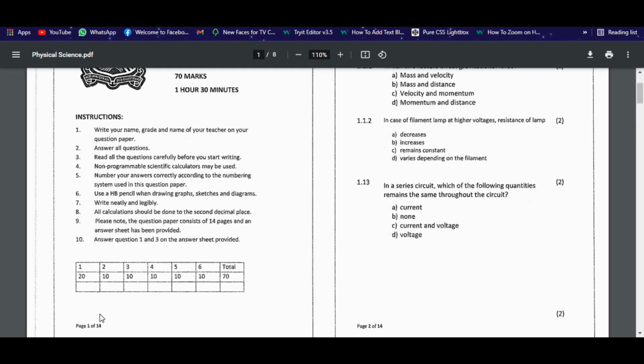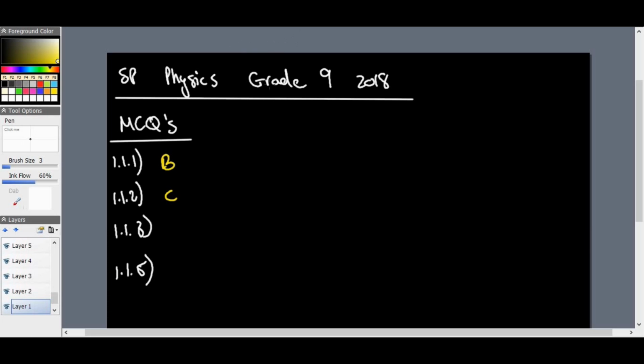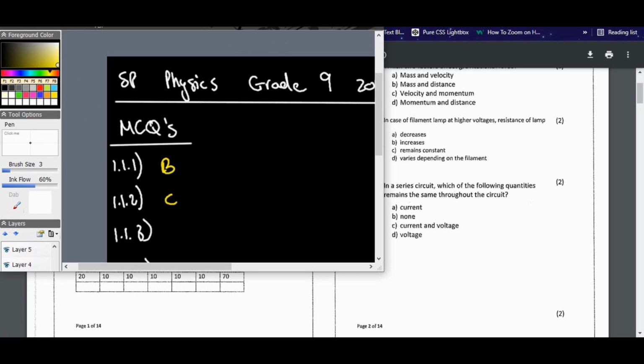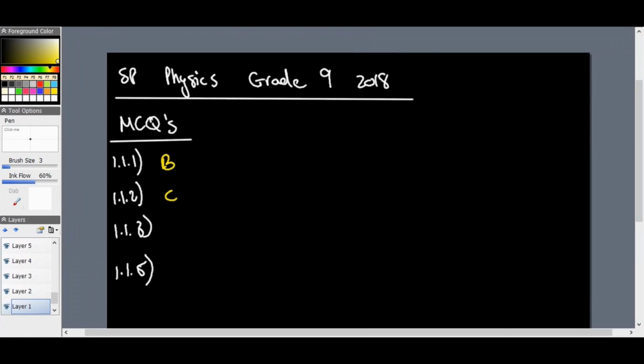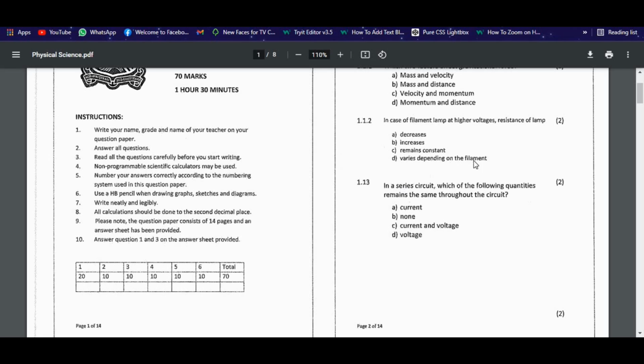So actually I'm going to change my answer from option C. I'm going to rather use option D, let me make this bigger, to say that surely the resistance varies depending on the filament. Surely I'd rather say that answer.